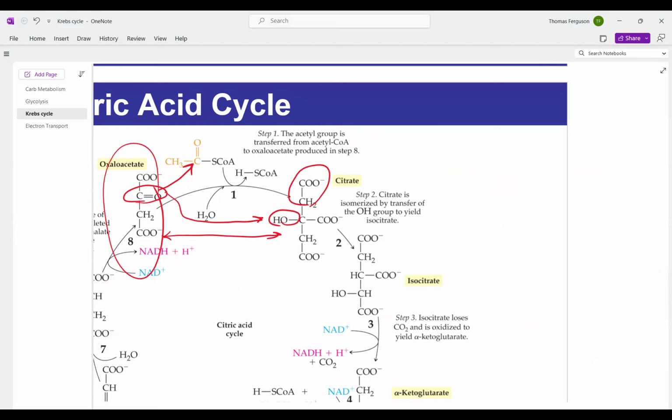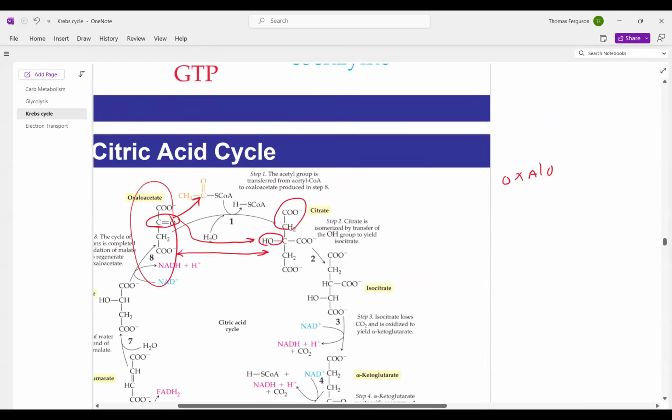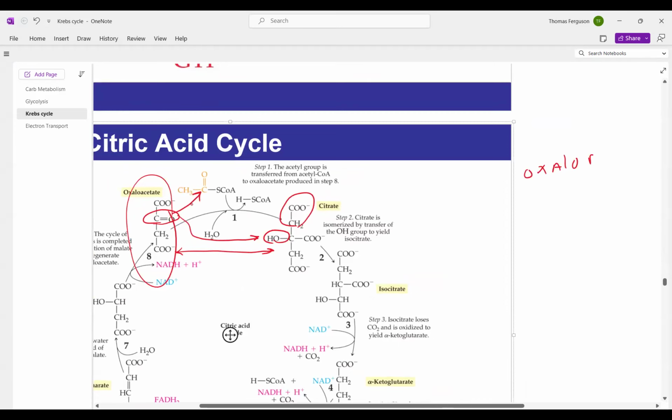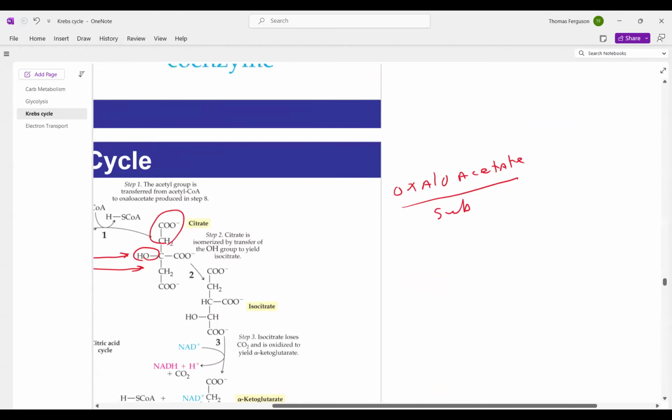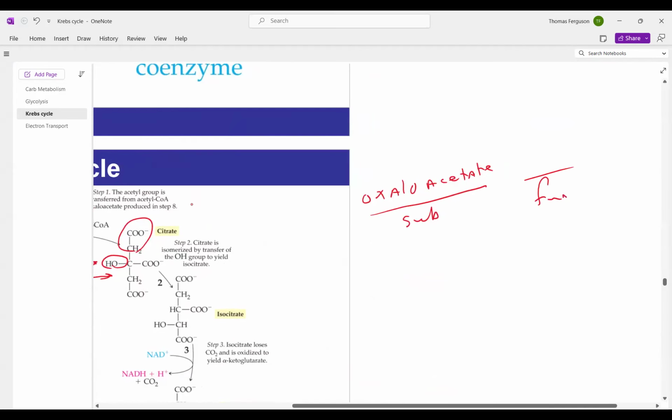So this is a reductase. We're reducing. Okay. The molecule is going to be oxaloacetate. That's the substrate. And the function is reductase.